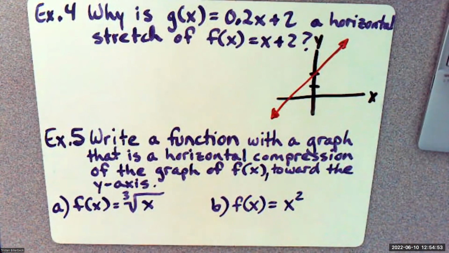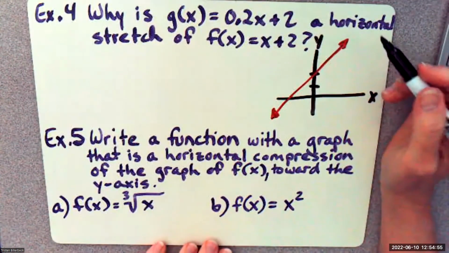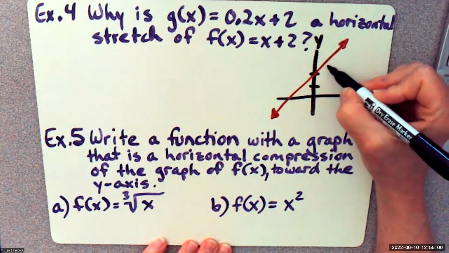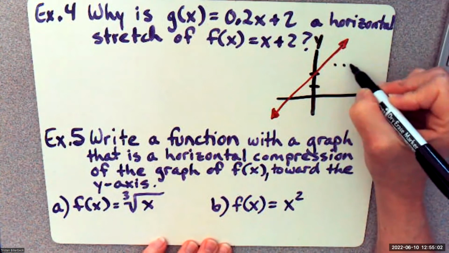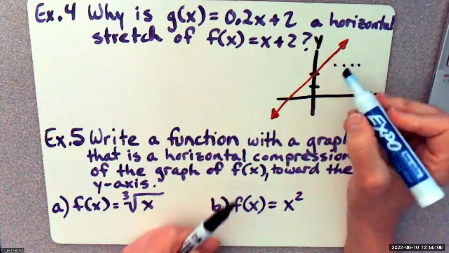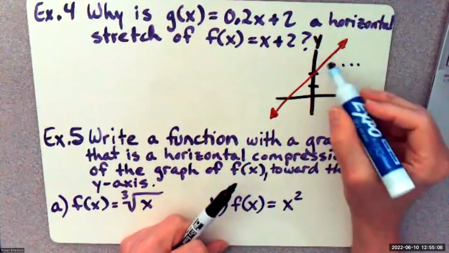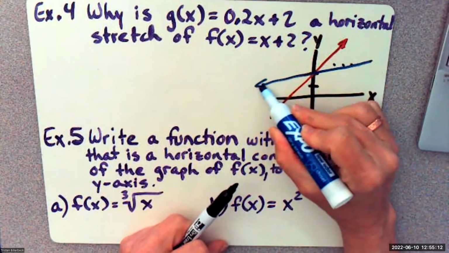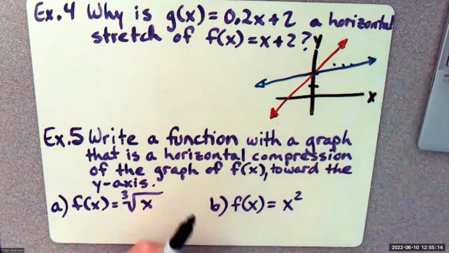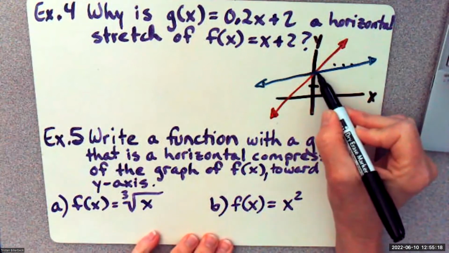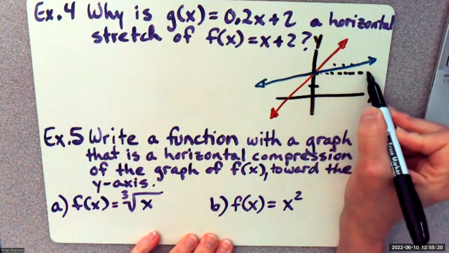As soon as we do 0.2, we have a slope of 1/5. So if we rise 1 here, then we run 1, 2, 3, 4, 5 for our second point. So this one's much flatter. But just like a parabola, we just changed the reference point a bit.